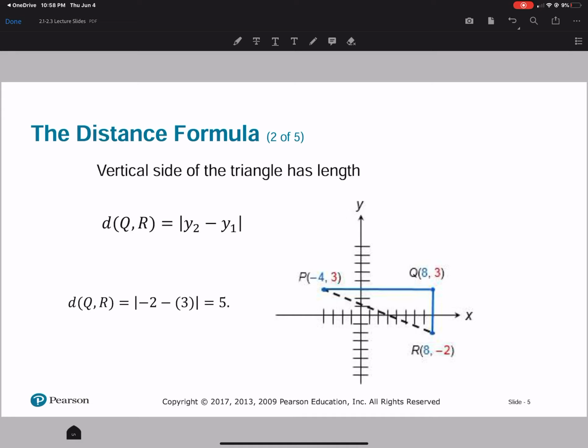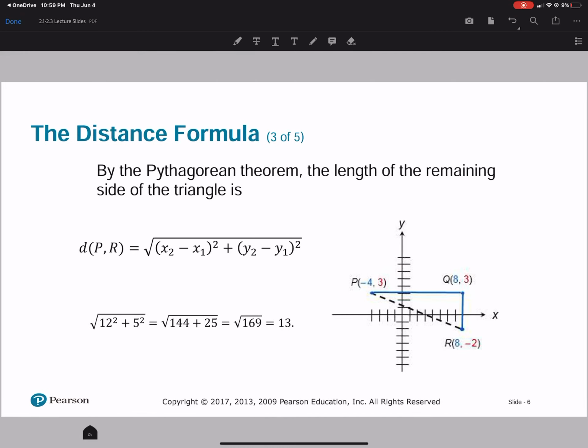Now let's say we want to go from P to R, which is a diagonal. Now we have to use the distance formula, which comes from the Pythagorean theorem. The distance from P to R is equal to the square root of (x2 minus x1) squared plus (y2 minus y1) squared.